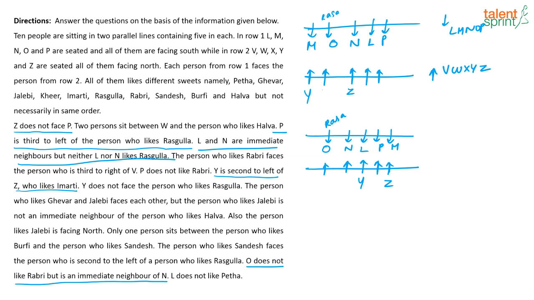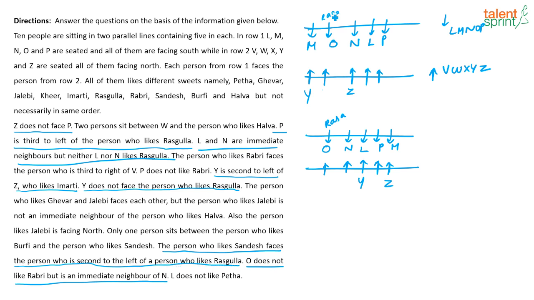Y does not face the person who likes rasgulla. Then the person who likes gaver and jalebi face each other. Now we have not used that yet. The person who likes sandesh faces the person who is second to the left of the person who likes rasgulla.